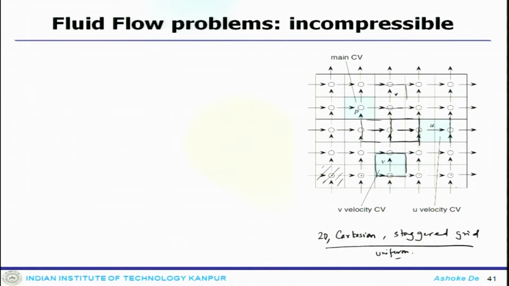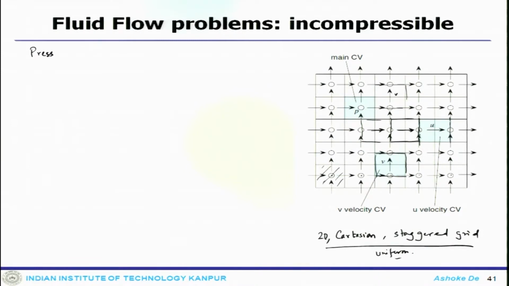So, you get a proper control volume for the u and v momentum equations. The derivations which we discussed earlier remain the same. Now, the pressure correction equation that we obtain will have contributions not only from the u component of the velocity, but also from the v component of velocity.